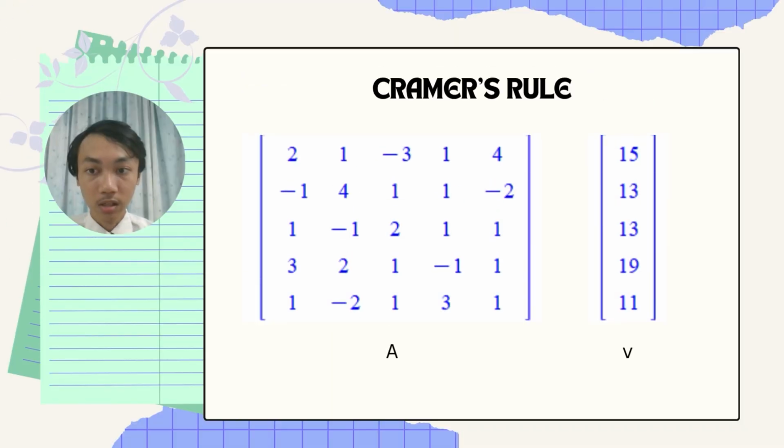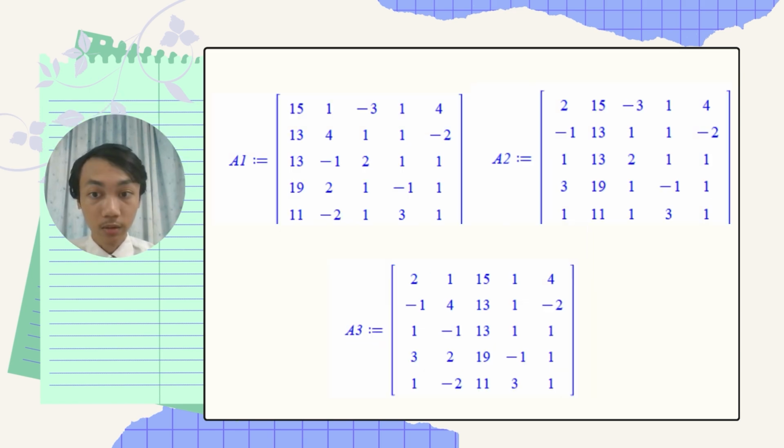Okay, now by using the Cramer's rule method, we can solve matrix A. Firstly, we need to construct matrix A1 by substituting column V into the first column in matrix A. After that, we construct matrix A2 by substituting column V into the second column in matrix A. Then, we construct matrix A3 by substituting column V into the third column.